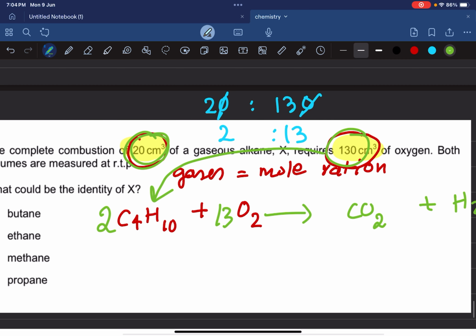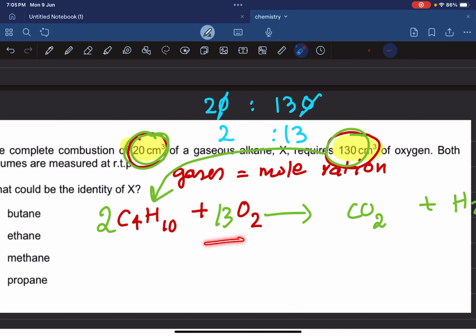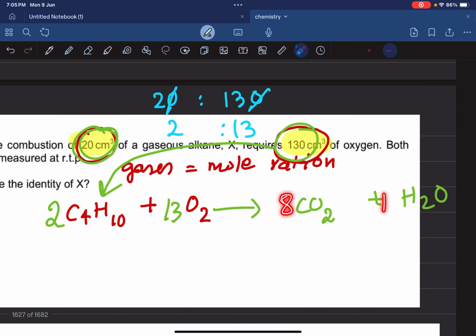Let's balance it out to check, do we get a 13 over here? So if I balance it out, 2 4s are 8, so 8 over here, and 2 5s are 10, so 10 over here, because I have to take half, so 8 and 10.